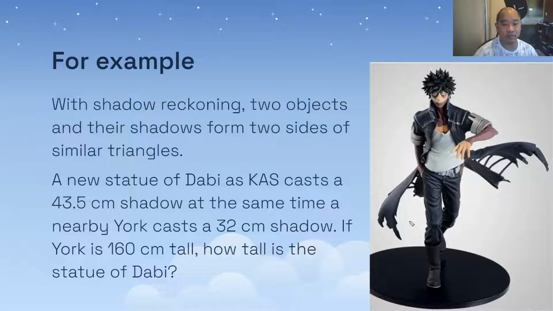So, for example, let's say that we have a new statue of Dobby at KAS, and the shadow of Dobby is 43.5 centimeters long. Actually, I'm going to use this handy straight line tool. There we go. Look at that.